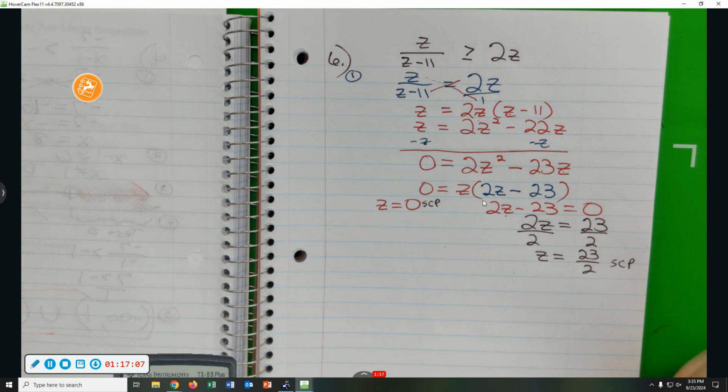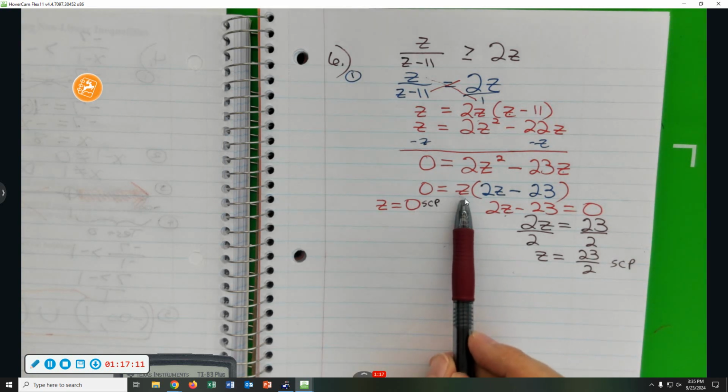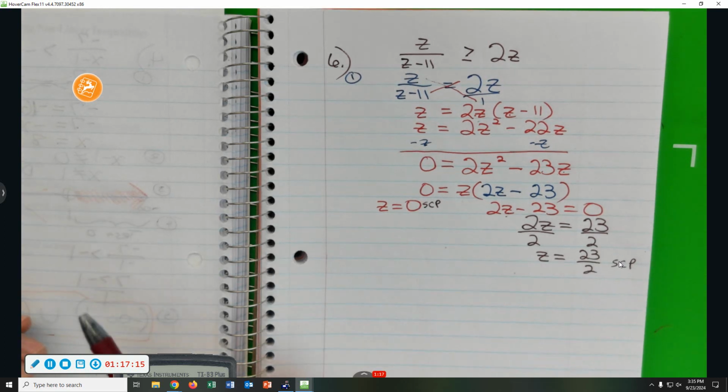We have two solution cut points: 0, which we got from setting that first factor equal to 0, and 23 halves.